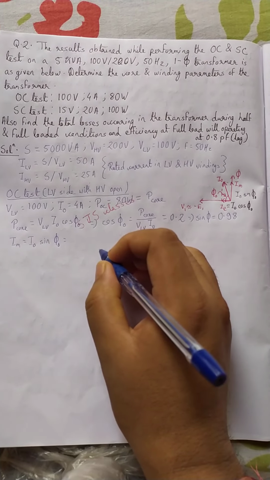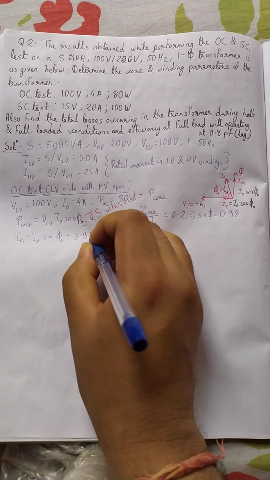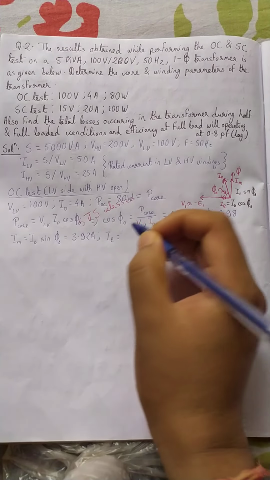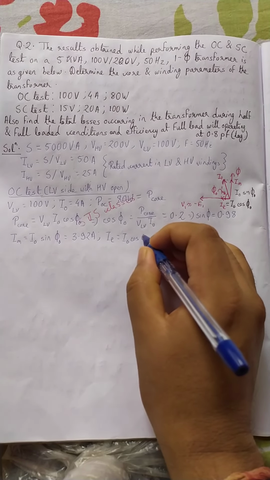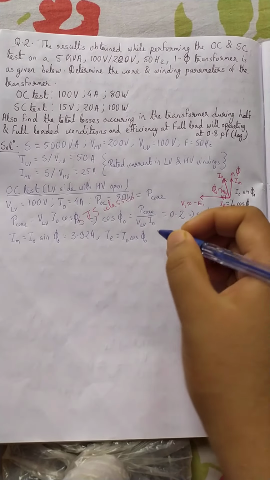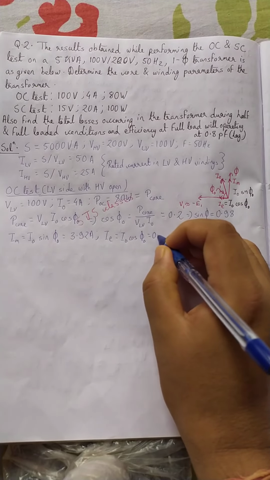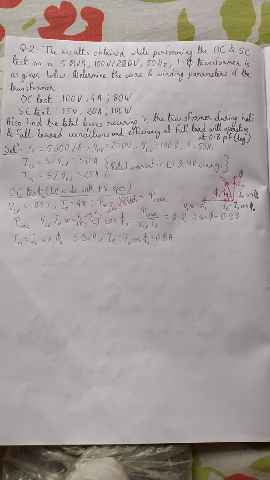Putting the values, we get 3.92 ampere, and IE will be I naught cos phi naught, so that would become 0.8 ampere. So we had found up to this point.